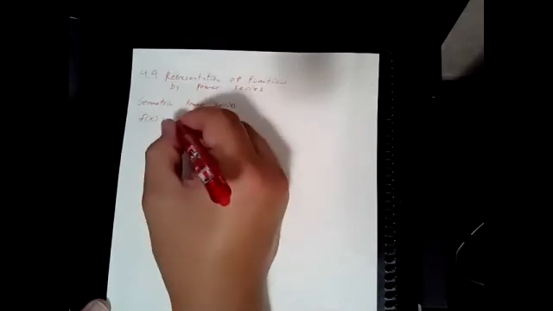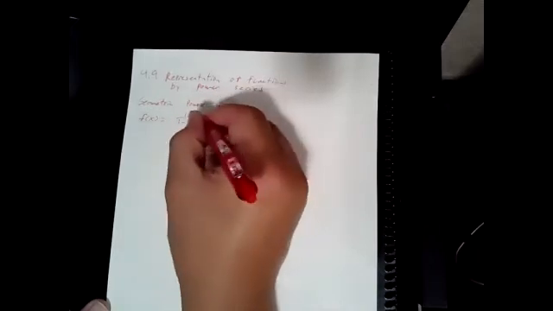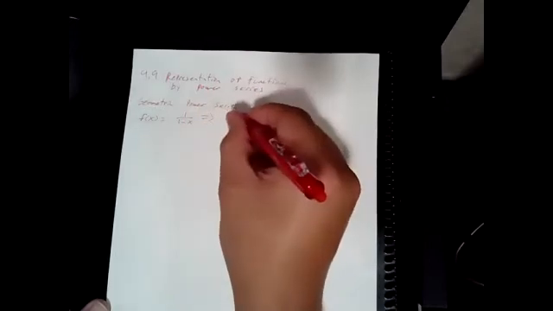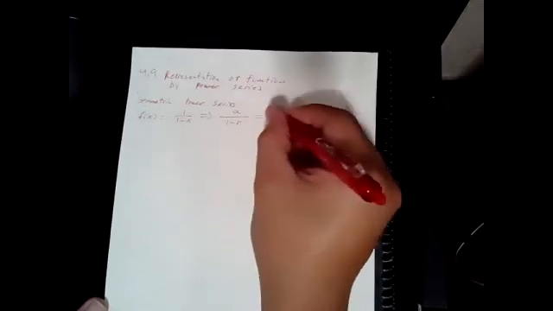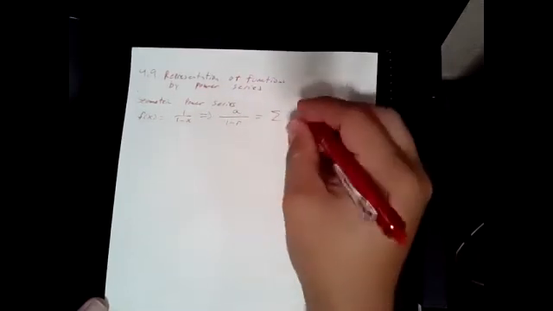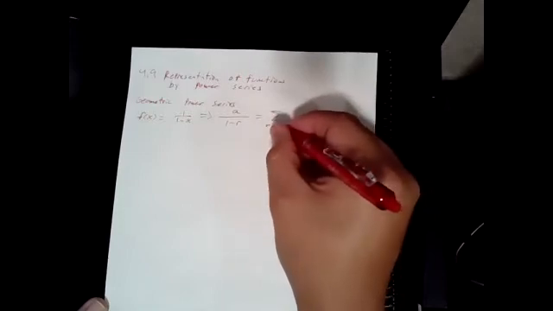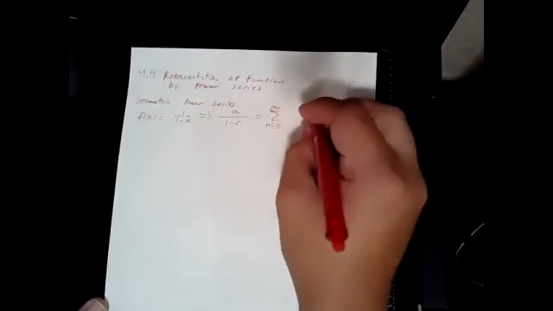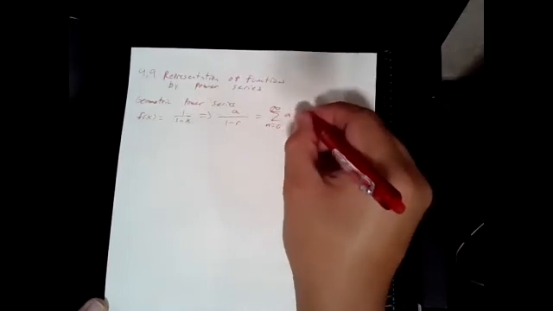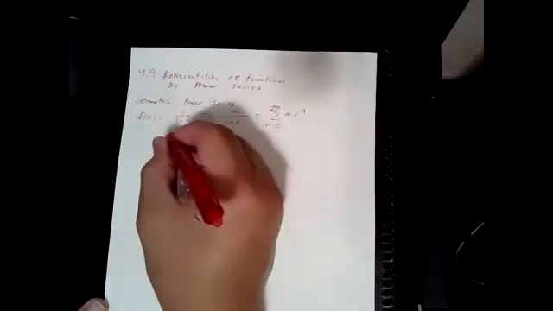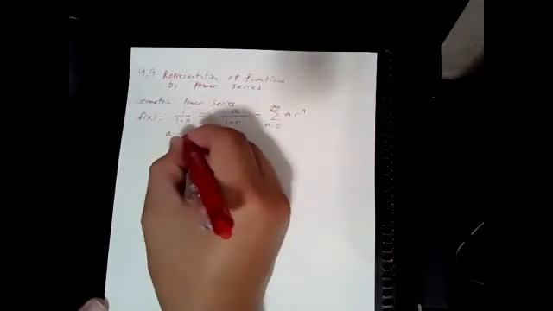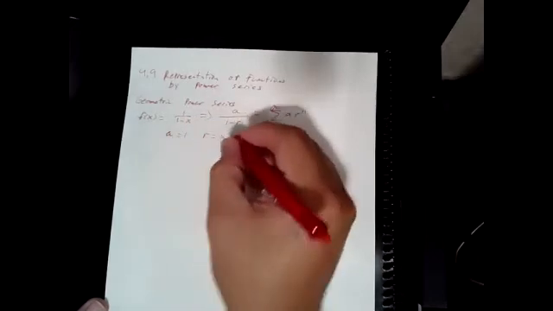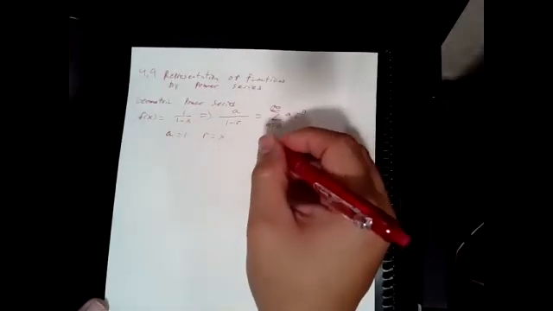is going to be f of x equal to 1 over 1 minus x, which is similar to how we had it before, a over 1 minus r, which is equal to a geometric series, right? And in this case, a is equal to 1, r is equal to x, which means you can change this f of x.